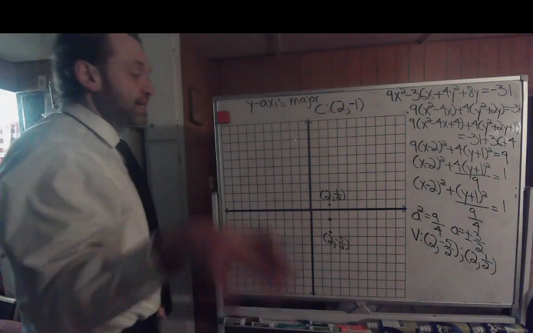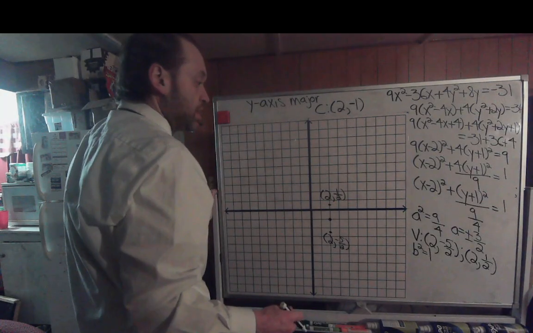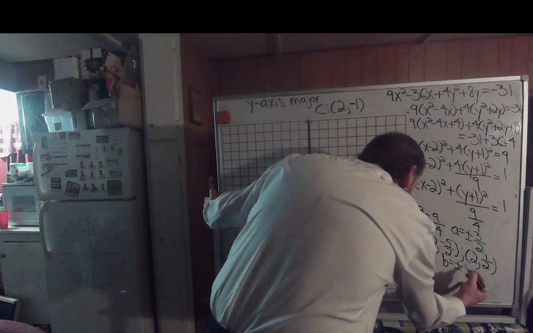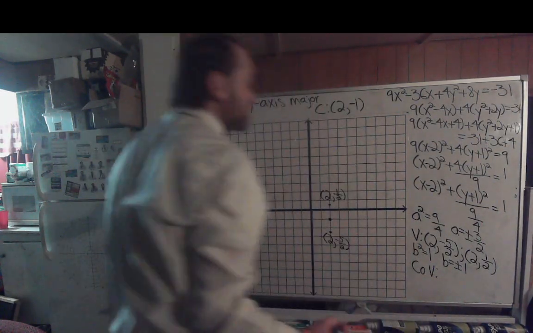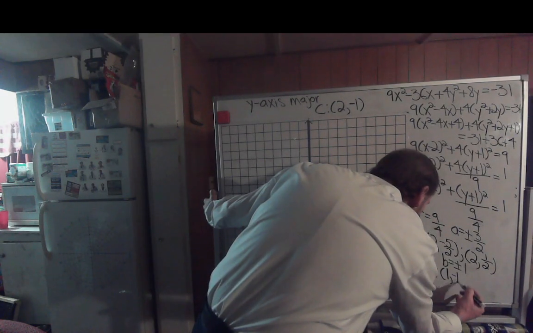That means the x-axis is your minor axis. So b squared equals 1. Alright, so that means b equals both plus and minus 1. So to find your co-vertices, you'll take your x-coordinate of the center of 2. Let's subtract 1. You'll get a co-vertex of (1, -1).